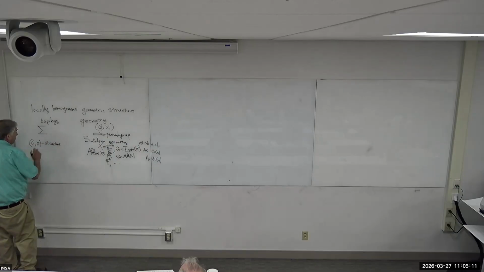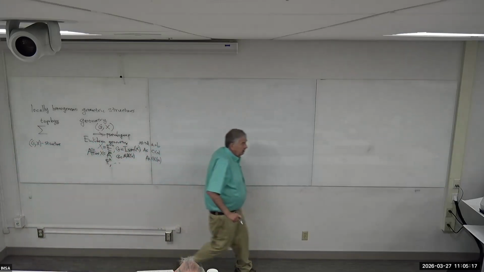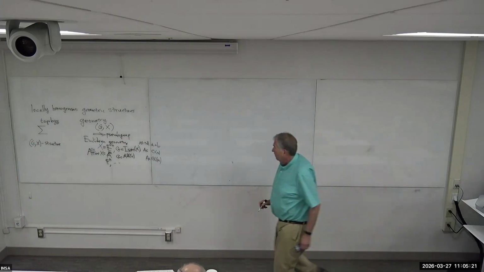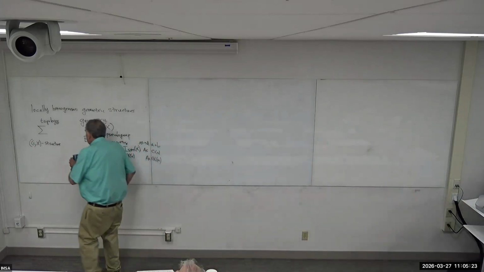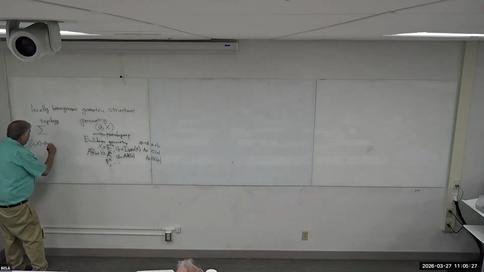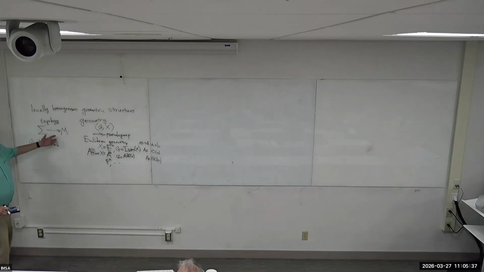And I'll usually use sigma to denote just the underlying topology and the (G,X) manifold. So these are going to be related by some sort of weak map where we go from the topology to the geometry. And this map will be, say, a homeomorphism.